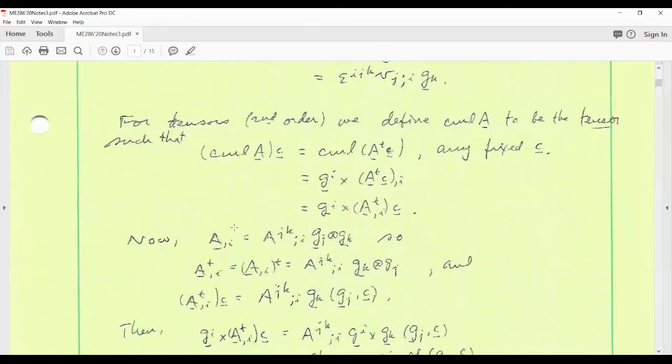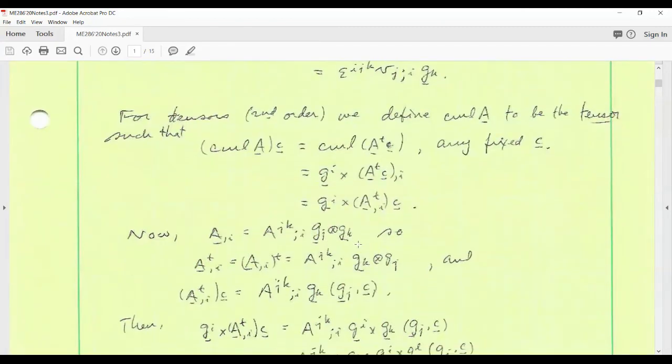Well, A comma i itself, we know in terms of the covariant derivative, in this case making use of contravariant components of A. There are 4 representations of A: contravariant, all covariant, left mixed, or right mixed. Here I'll just take this one representation for now. And so we know this in terms of the covariant derivative and the basis here.